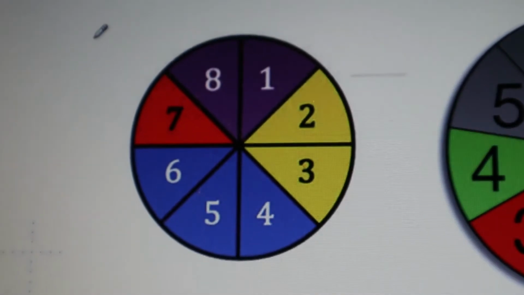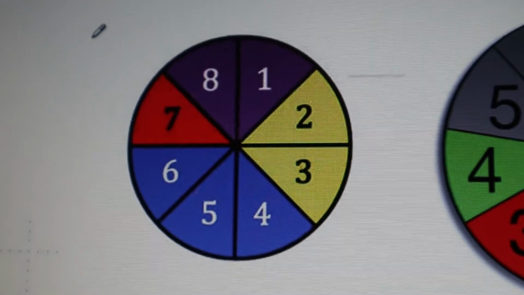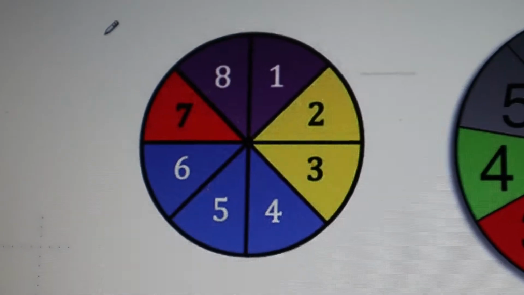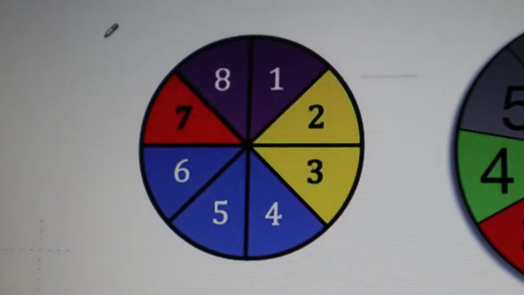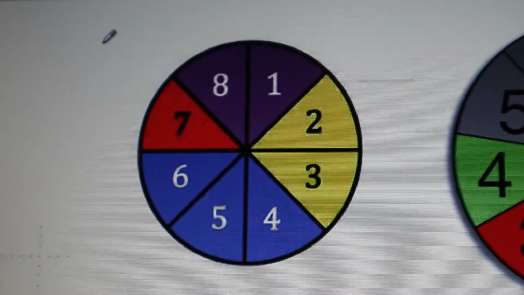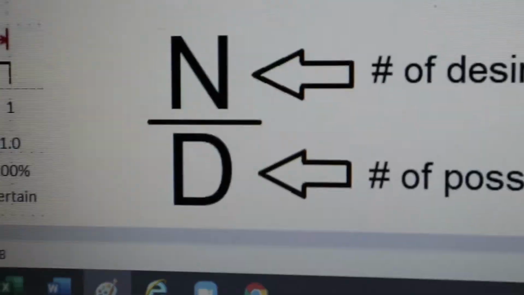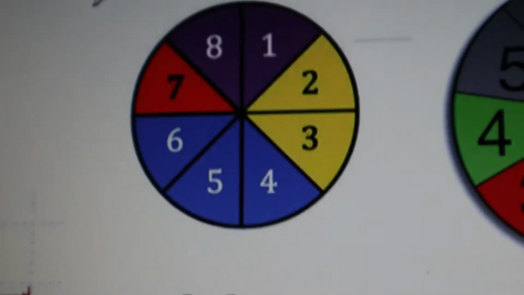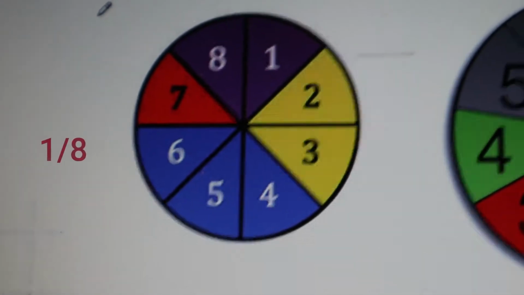Now, if I said, okay, if you decided to spin this spinner, what is the chance that you're going to land on the number 7? Since there are 8 possible outcomes, that's going to be your denominator. And the desired outcome, okay, we want a 7, that's one of the actual 8 chances there.